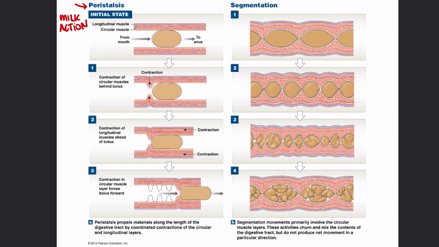All right, so we've spoken about peristalsis, which is kind of like a milking action through the GI tract, and this begins in the esophagus and continues on in the small and large intestine. But there is a second type of movement that occurs within the GI tract, and that's called segmentation.